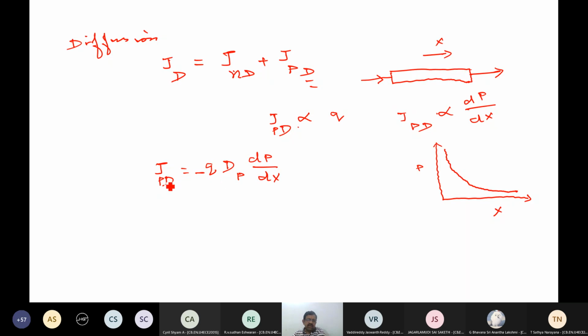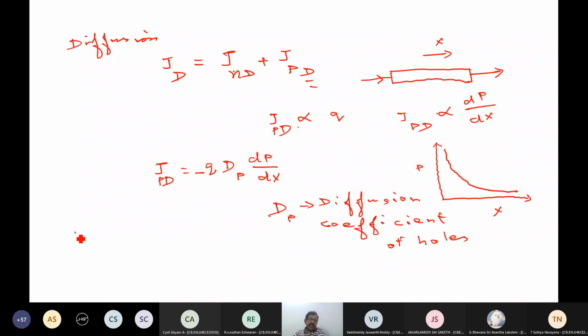So therefore the net current density due to holes, due to the diffusion process, will be minus q Dp dp by dx, where capital Dp is the diffusion coefficient of holes.